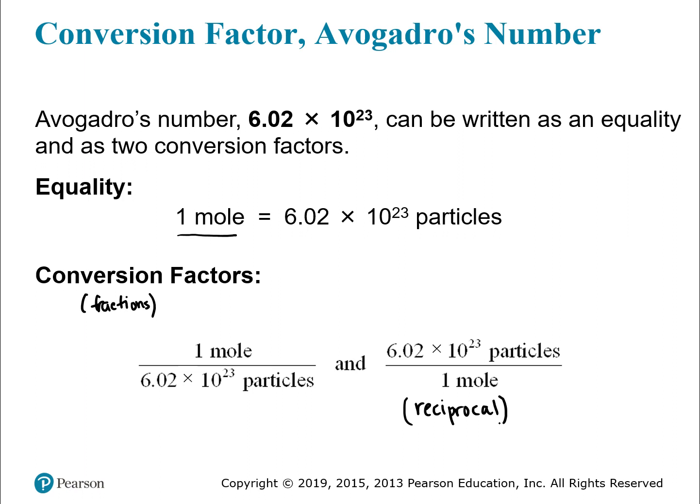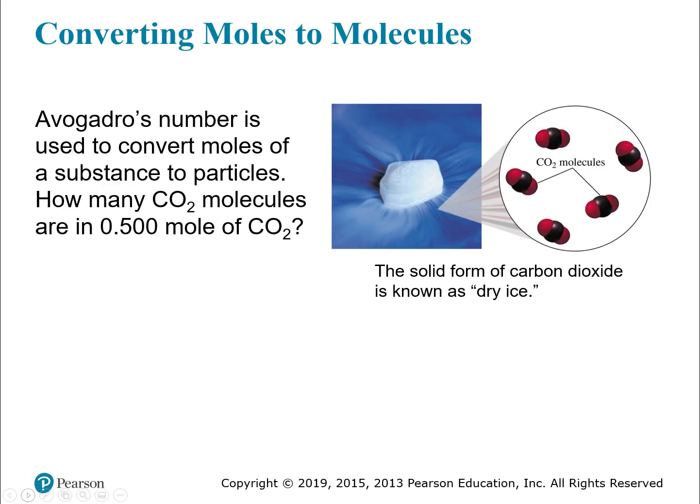And there's your conversion factors. You always have 2 conversion factors for every equality. And the equality, just so you don't get confused, always has an equal sign. We're going to be using this equality quite a lot. So how do you use it? Well, you can use Avogadro's number to convert moles to molecules.